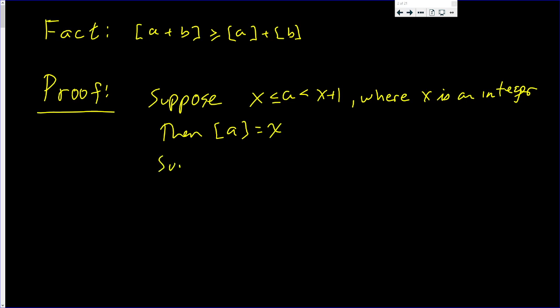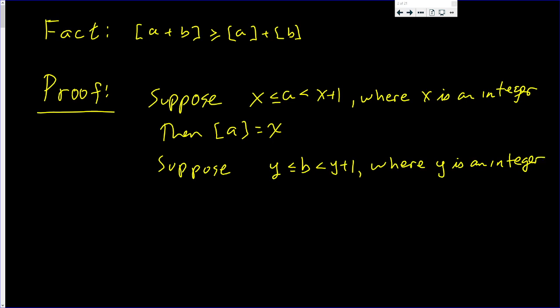Suppose the same thing for b. Suppose that b is jammed in between the integer y and the integer y plus 1, where y is an integer. Then the greatest integer of b will be y, by definition.